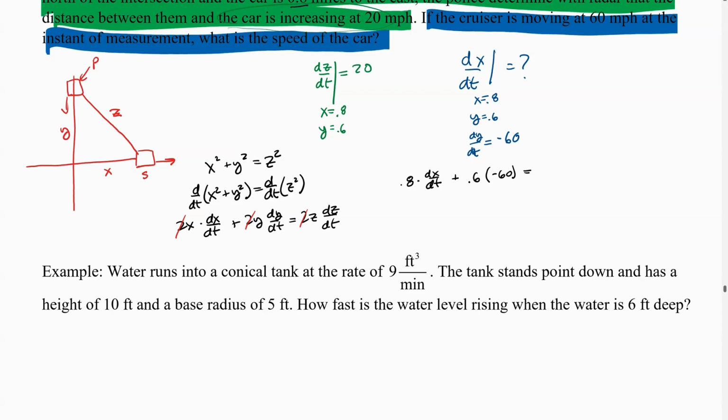Wait, do we know what z is? Well, I can use the Pythagorean theorem back here and say, hey, 0.8 squared plus 0.6 squared is equal to z squared. 0.64 plus 0.36, that's 1.00. Z must be equal to 1. Illustrating that, again, mathematicians are lazy and they must use 3, 4, 5 triangles wherever they can.